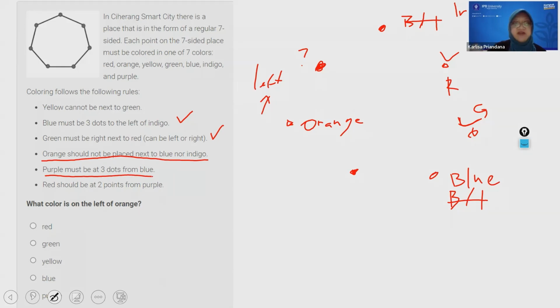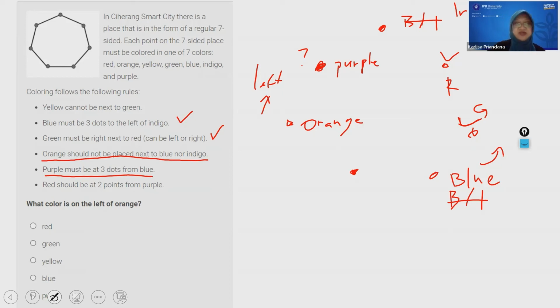So we only have purple over here. This is the only option, because if we go to the right, we will find indigo, and then we can only add purple to the left of orange. So we already know that purple is in the left of orange.